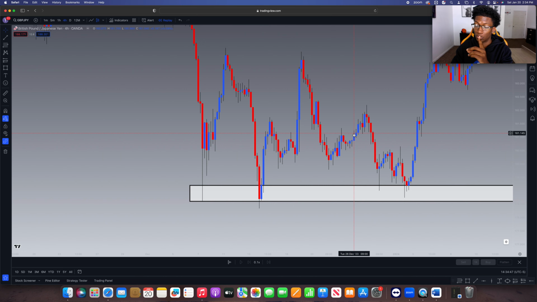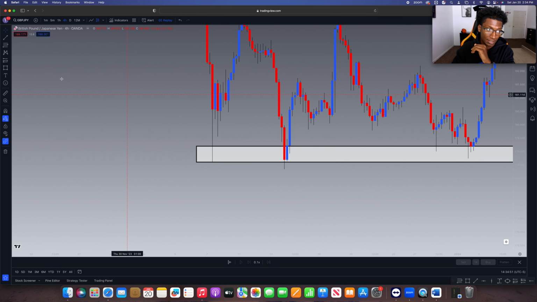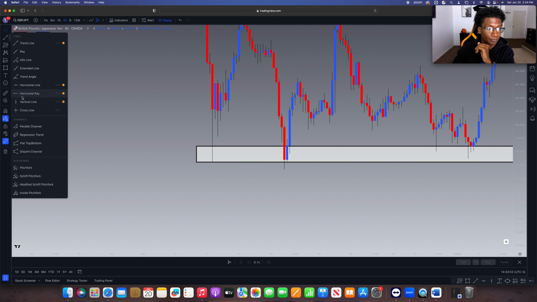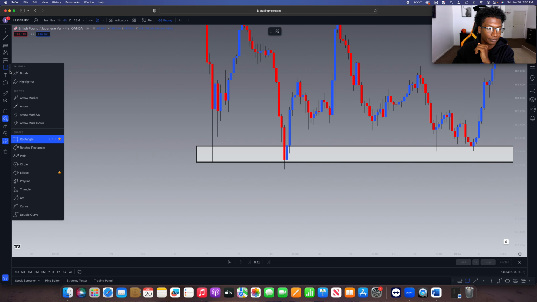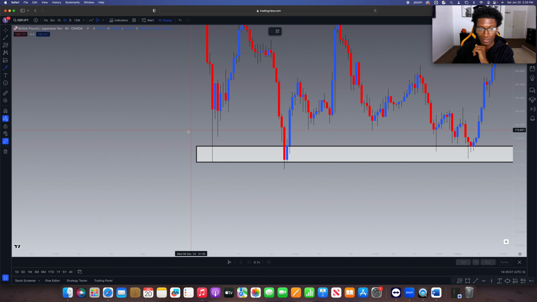And wicks are what form exhaustion areas like this. Let me find my arrow. So areas like this can be used to form exhaustion zones. Areas like these can be used to form exhaustion zones.